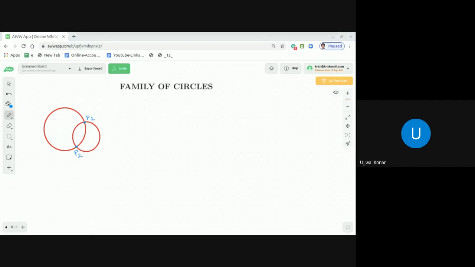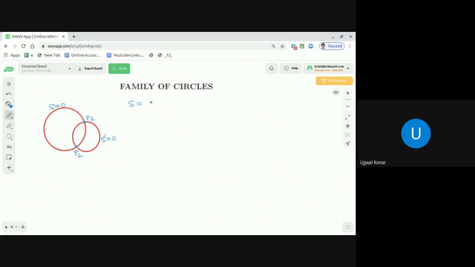Let us understand. Suppose the first circle, its equation is S equal to 0. Generally we can write S as x square plus y square plus 2gx plus 2fy plus c equal to 0. And the second circle we can write as S dash equal to 0. So what is S and S dash?